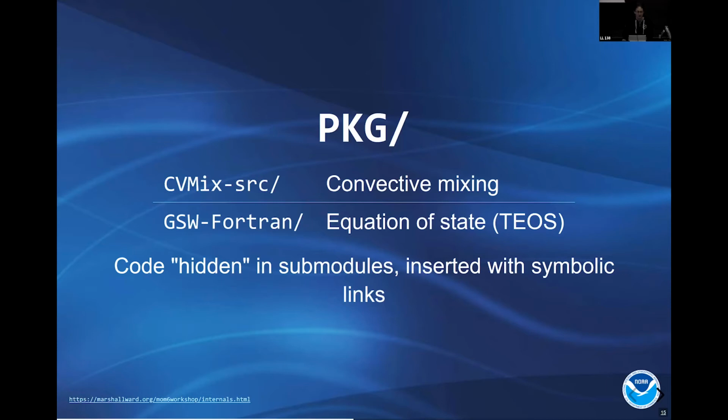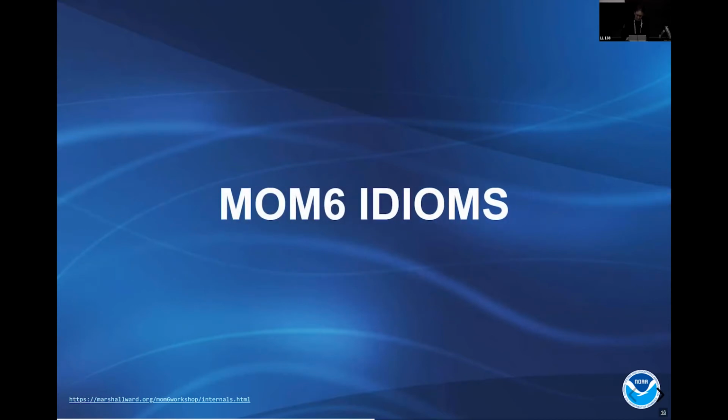It's Gibbs, thank you. So it's called GSW, Gibbs SeaWater. Anyway, we don't actually maintain that code. We pull it in. And I'm working on ways to avoid that, but that's not a conversation for here.